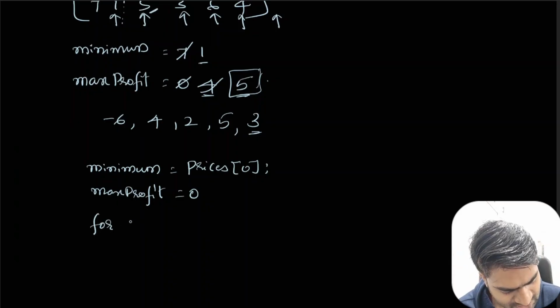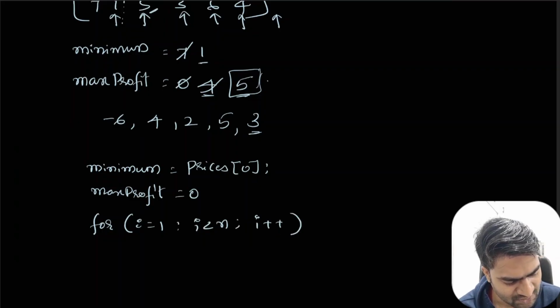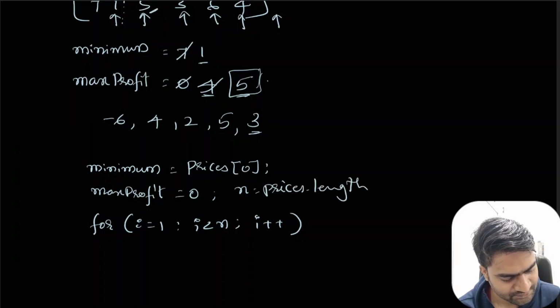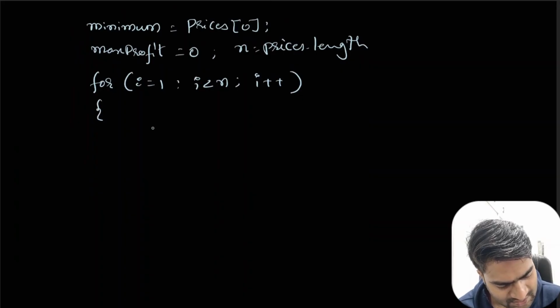Now for i equal to 1, i less than n, i plus plus. So I will also use n equal to prices dot length here. Now with this, what I will do, I will find the profit.